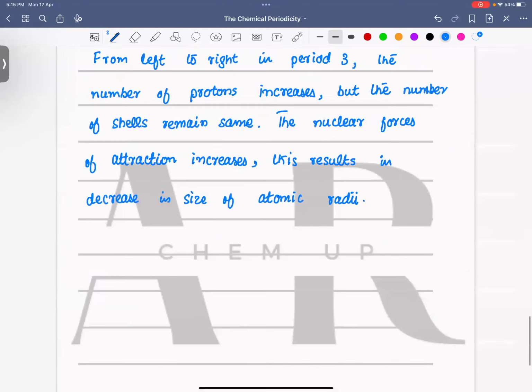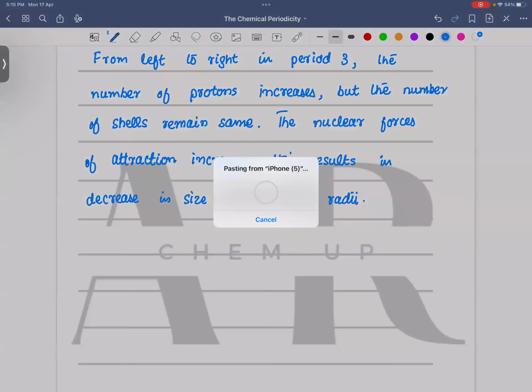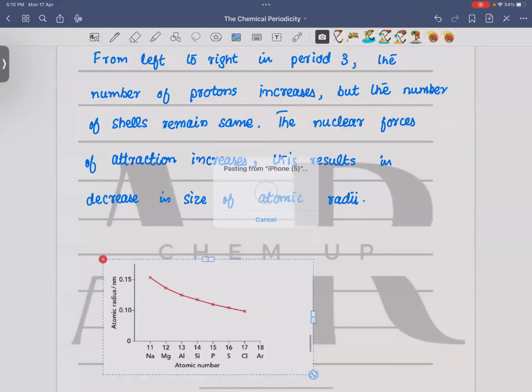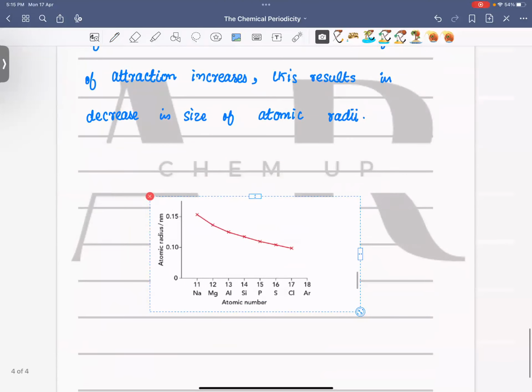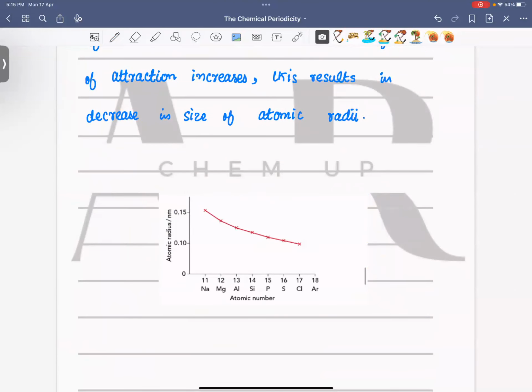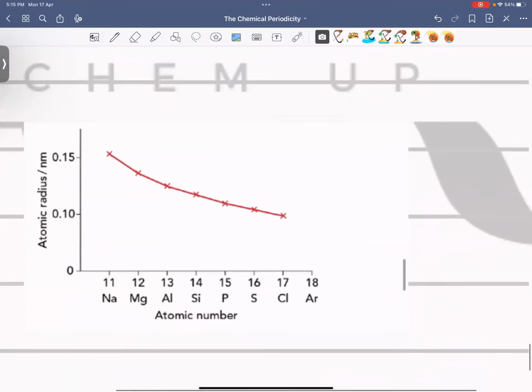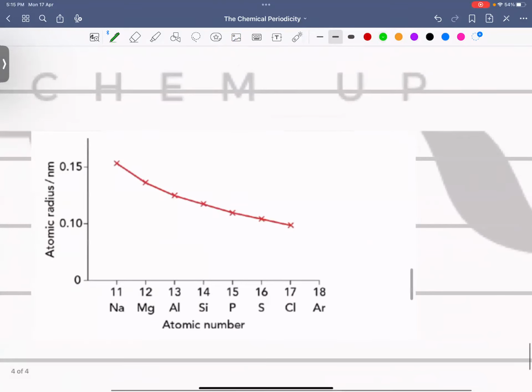For that graph, normally the examiner doesn't ask you to draw for argon or the noble gas, because as we discussed earlier, the actual atomic radius of argon would be smaller, but the calculated one is bigger due to the van der Waals forces.